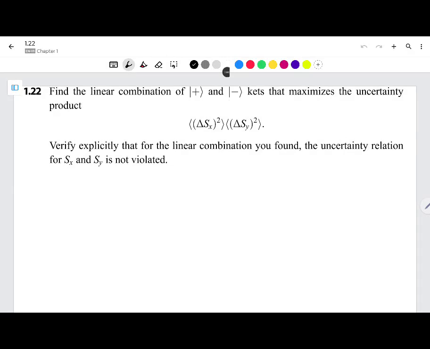So previously we were doing this exercise where we found that there is an eigenstate, or let's write it like this.